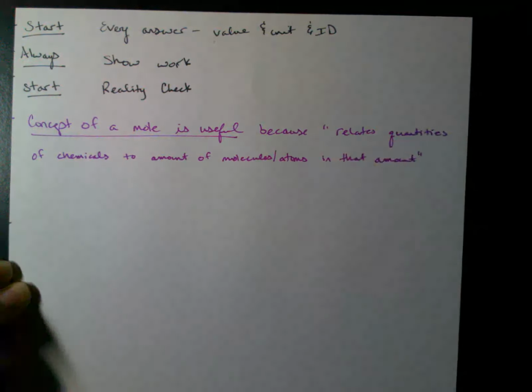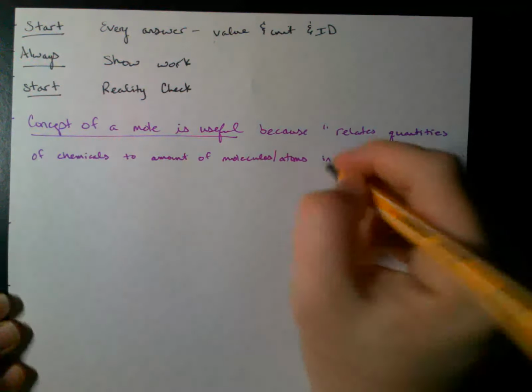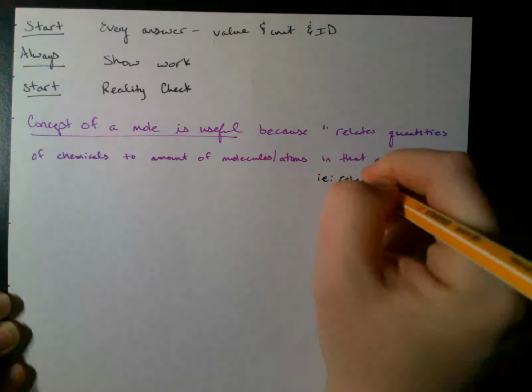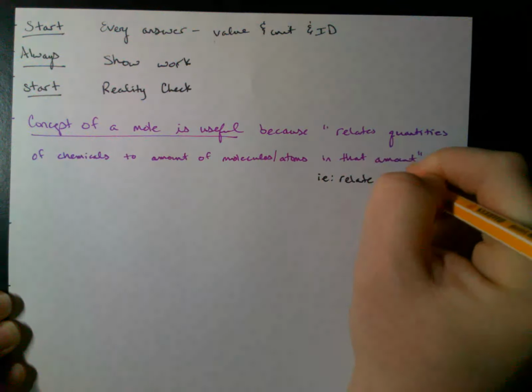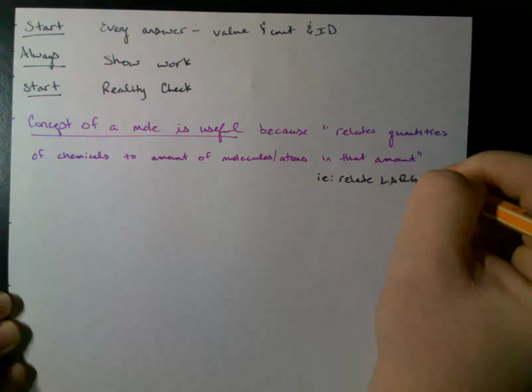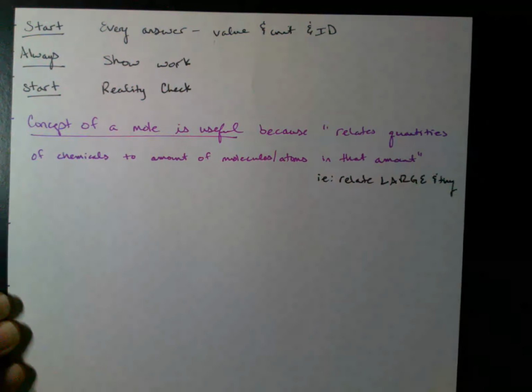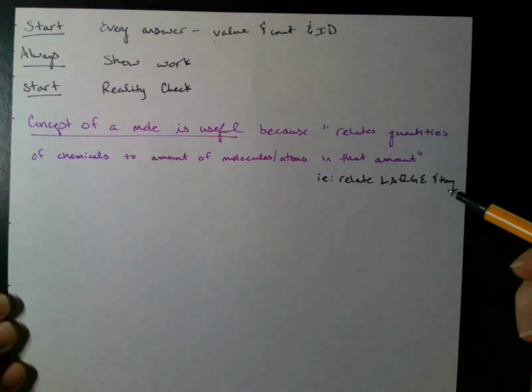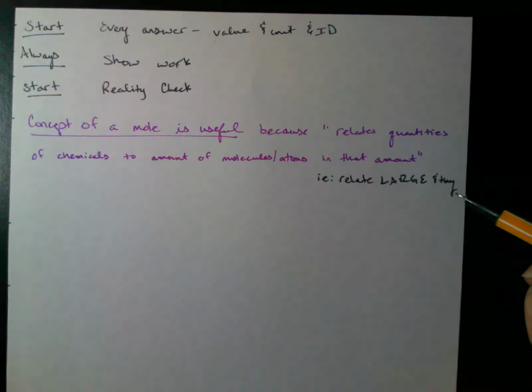So to put it really plainly, this is essentially that the mole relates the large scale and the tiny scales, right? So it's something that I can measure and the little tiny constituent parts of it on the atomic scale.